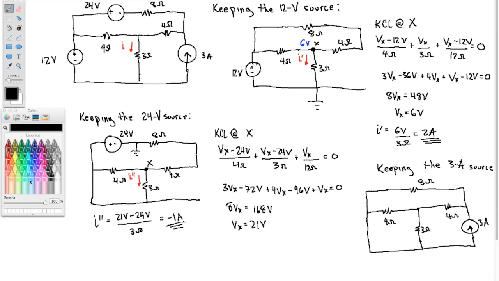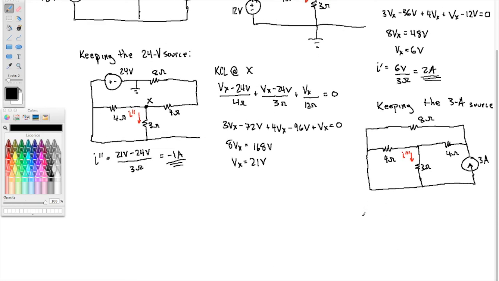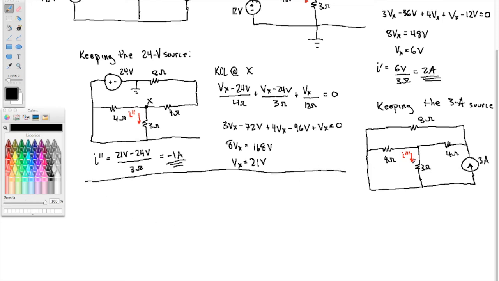Okay, so there is our circuit now, and here's the current we're looking for. Call that I triple prime. We need to get that one. The best way to get this is to use, we could use nodal analysis or we could use mesh analysis.